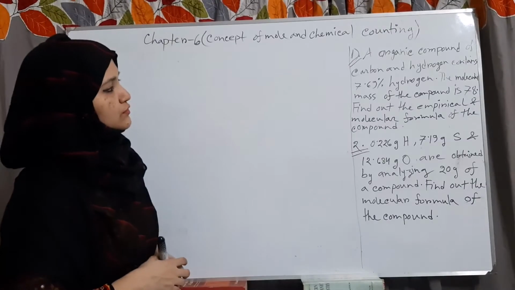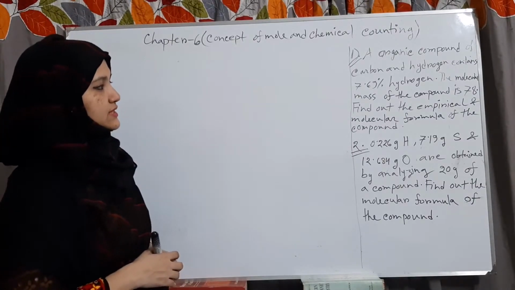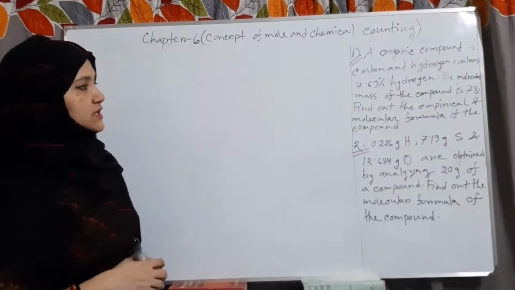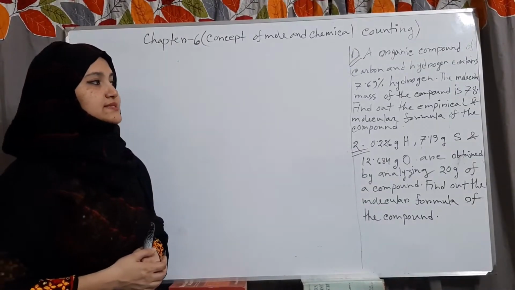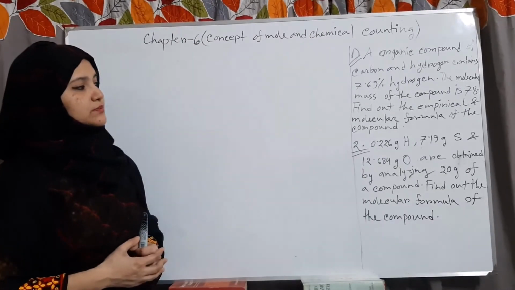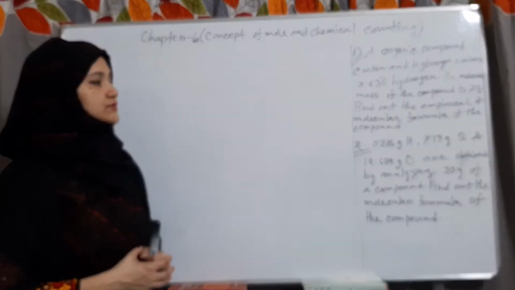An organic compound of carbon and hydrogen contains 7.69% hydrogen. The molecular mass of the compound is 78. Find the empirical and molecular formula of the compound.